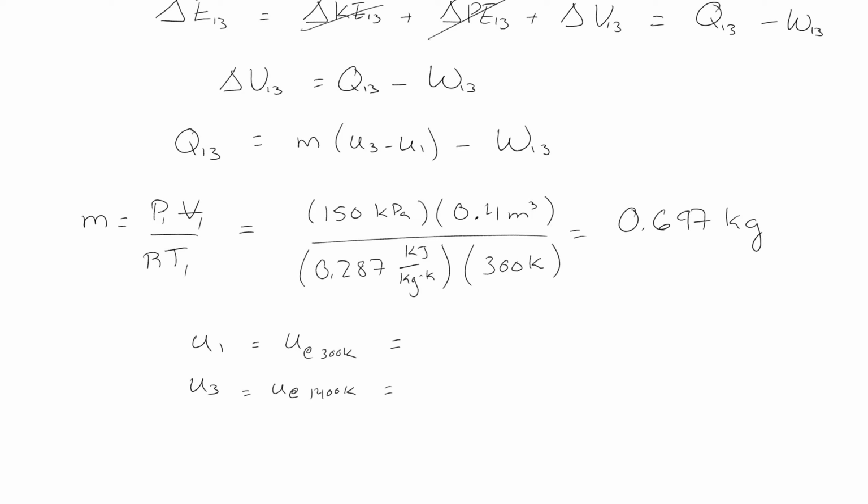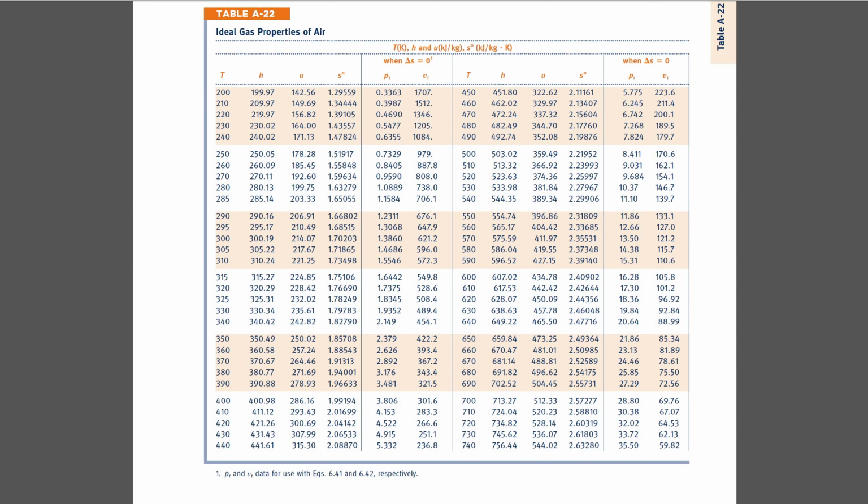All I need to know is the temperature. So there's two ways I could go about this. I could use the constant volume specific heat multiplied times an absolute temperature to find my specific internal energy values. Or I can use a table. In this example, we're going to use a table because being familiar with both approaches is important.